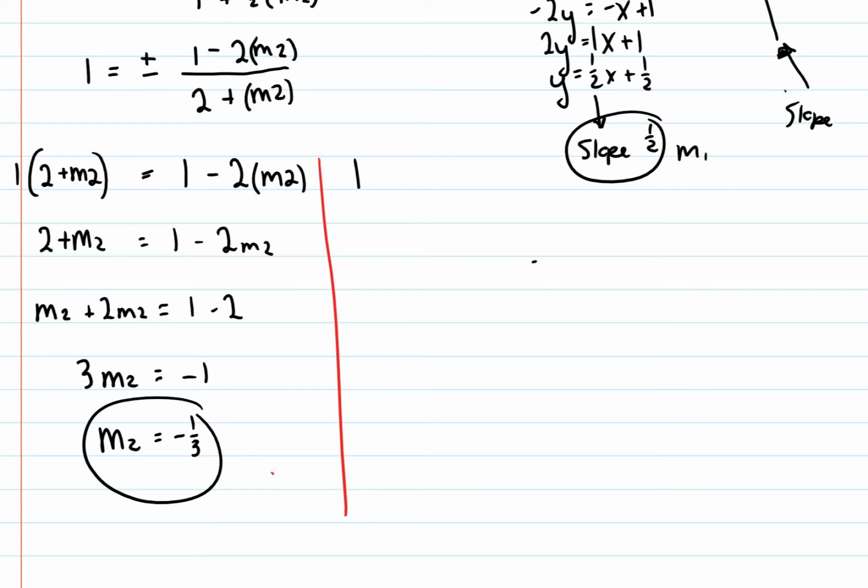So we have 1 equals minus 1 minus 2m2 over 2 plus m2. Sorry about that. So we have 2 plus m2 equals minus 1 minus 2m2.